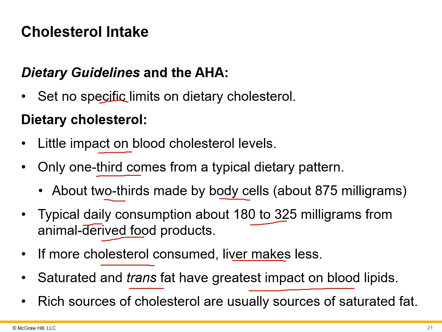And especially the trans fats are really going to increase the amount of that LDL that we want to keep lower. So rich sources of cholesterol are usually also sources of saturated fatty acids because they come from animals. So really it's not so much that we're consuming too much cholesterol, it's that as we're getting the cholesterol, we're also getting all this extra saturated fat. That's the negative player.